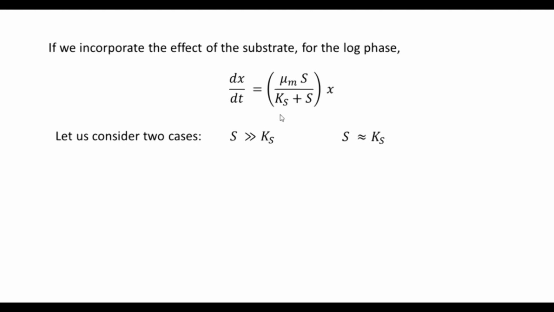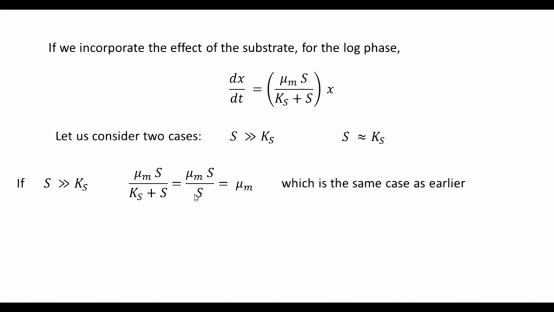If we replace the denominator by S, you have mu m S by S, S can be cancelled, and you will be left with mu m alone, and that's what is shown here, which is exactly the same case as earlier. Only thing is that instead of saying dx dt equals mu x, we could directly say dx dt equals mu m x. We had actually tacitly assumed so earlier, but here we can very confidently say that this is mu m times x.